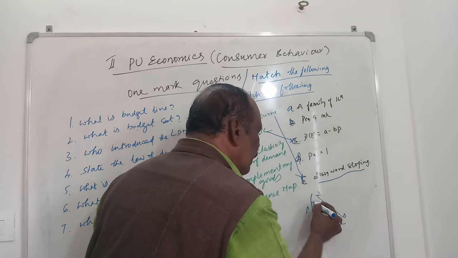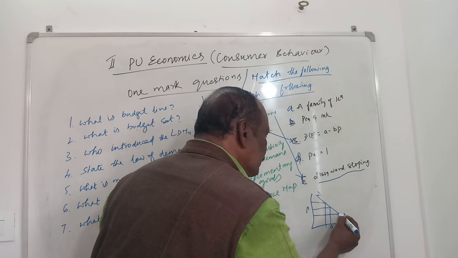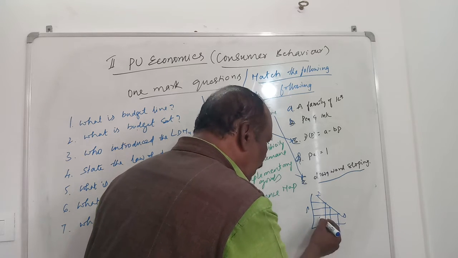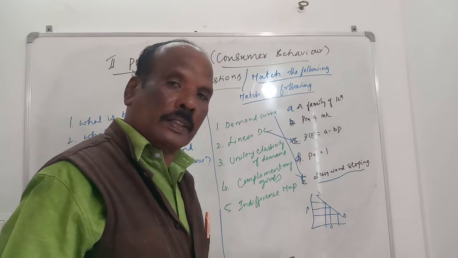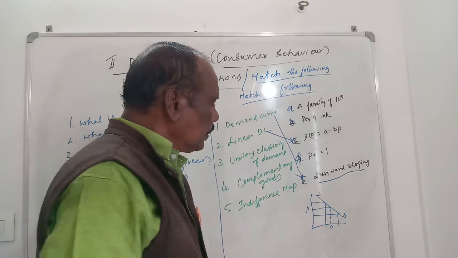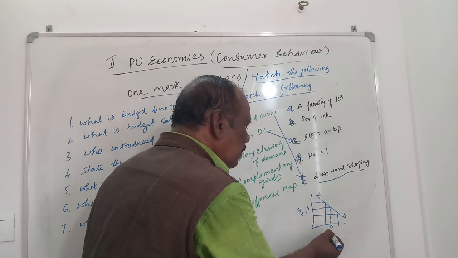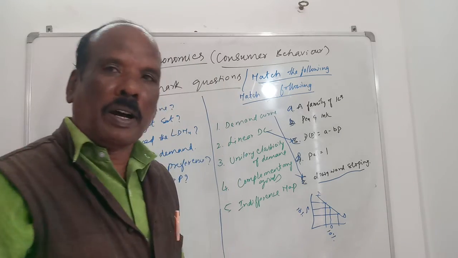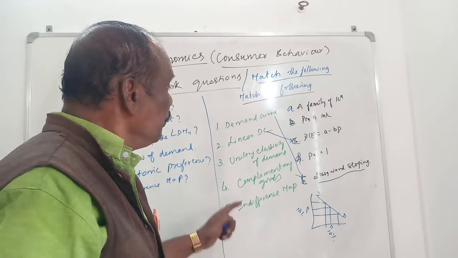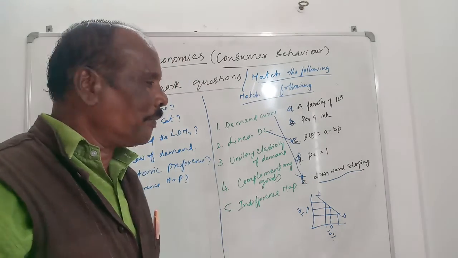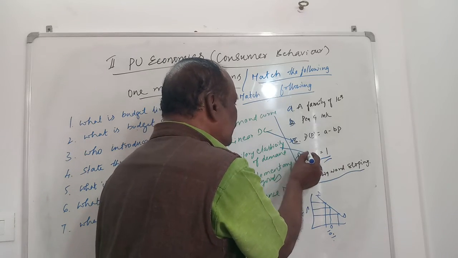If the price rises, demand falls, and if the price falls, the demand increases. Equal rate of change is seen in unitary elasticity of demand. So PED is equal to 1.